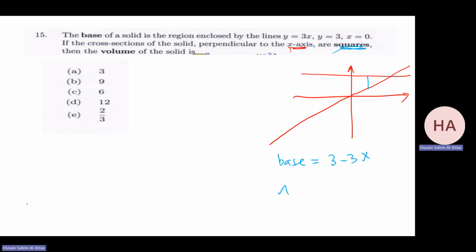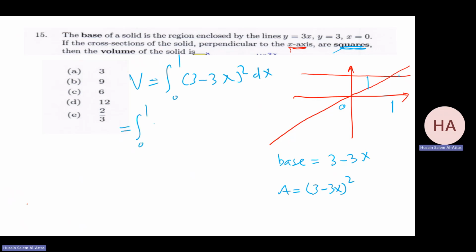And the area will be (3 minus 3x) squared. That will be the volume from 0 to 1, huh? That 3x, yeah, it will be 1. V equals the integral from 0 to 1 of (3 minus 3x) all squared dx. So that will be from 0 to 1, 9 minus 18x plus 9x squared dx.